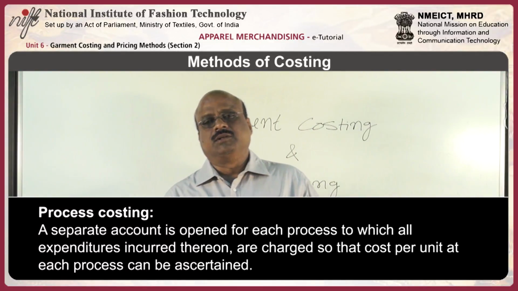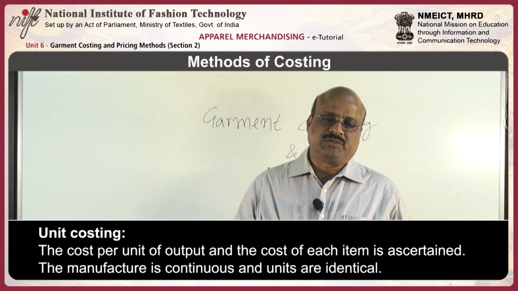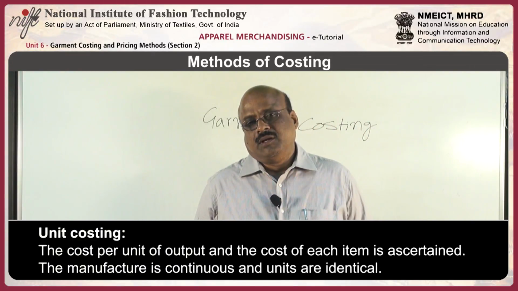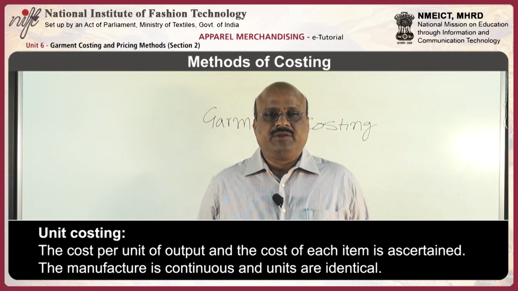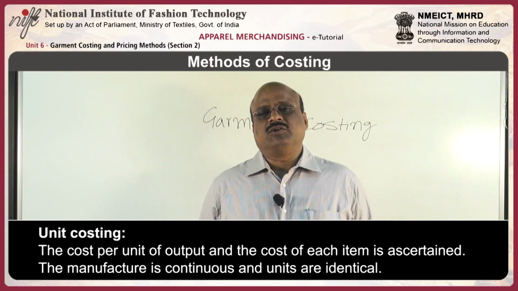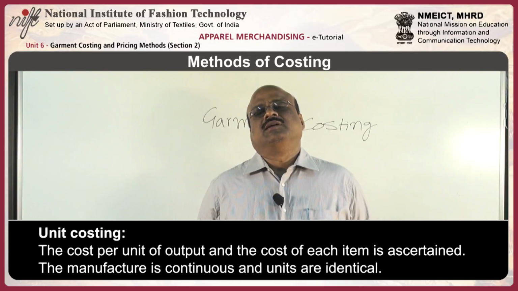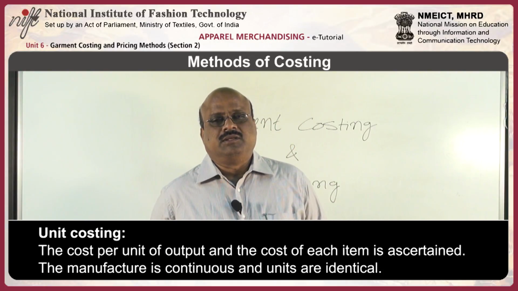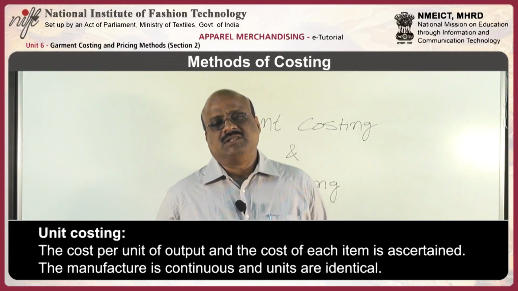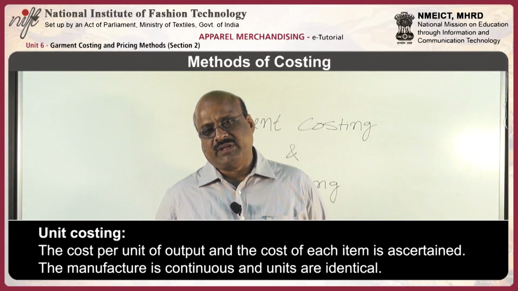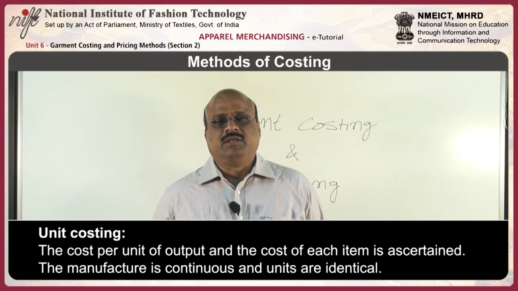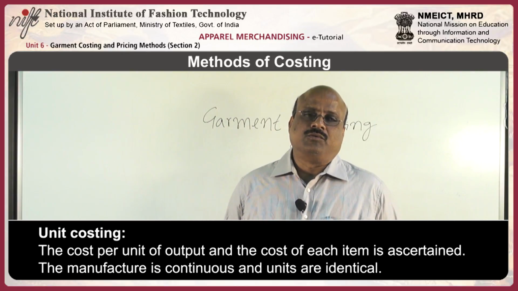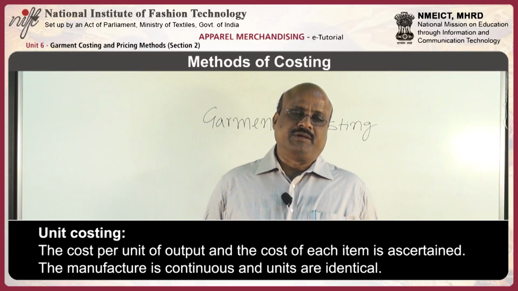Then comes the unit costing. In unit costing, the cost per unit of output and the cost of each item is ascertained. So per unit of output, what is the cost incurred? Cost incurred for every unit of output is calculated, so that you know what the cost is for each item.